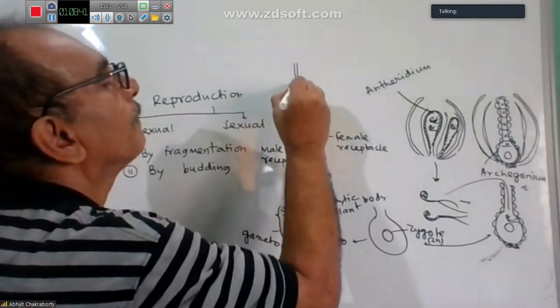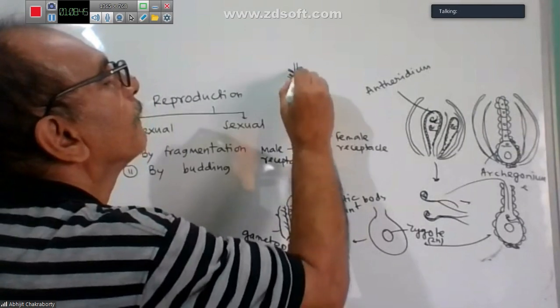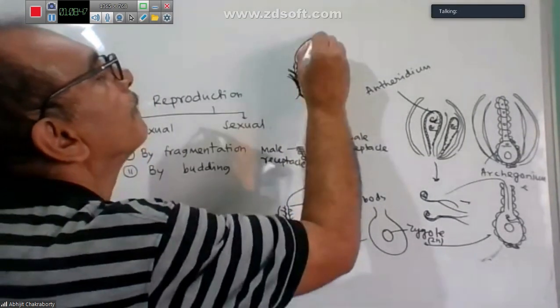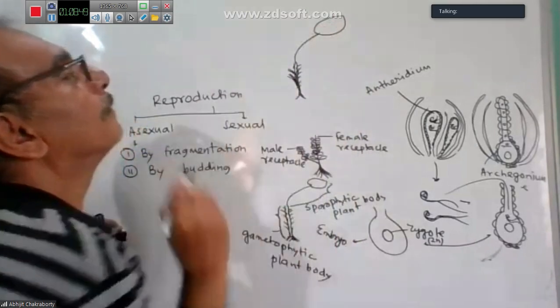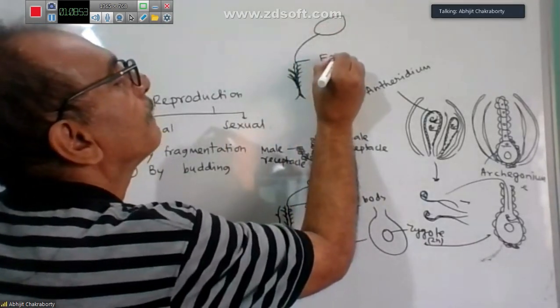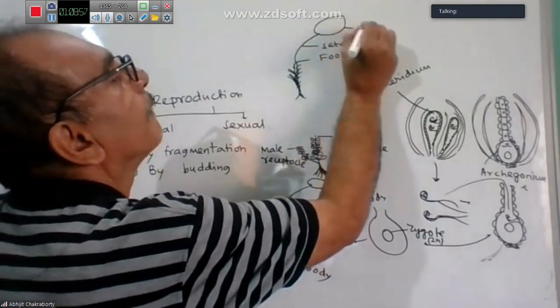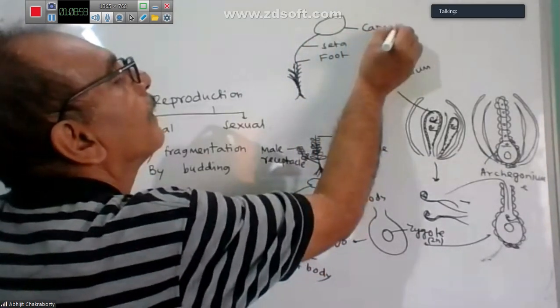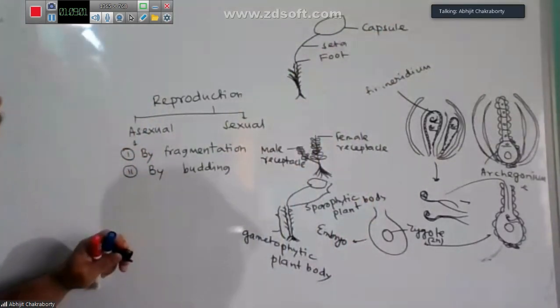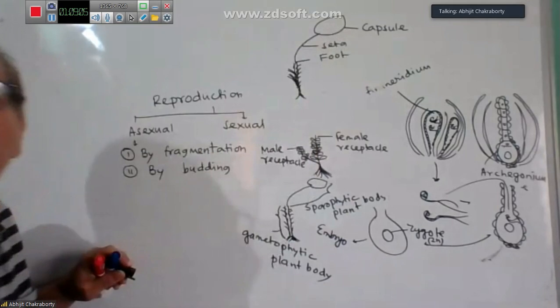If I draw here, there is the foot. So in Funaria the sporophytic plant body is differentiated into foot, seta and capsule.